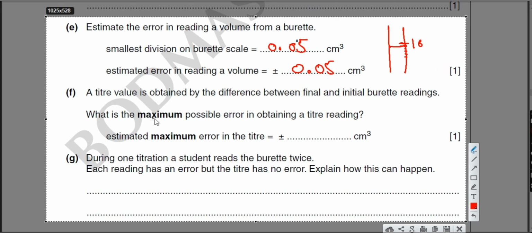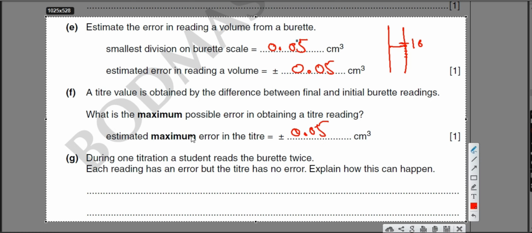Now he says, what is the maximum possible error in obtaining a titer reading? As I clearly mentioned, sometimes you ignore that tiny 0.05 value and go to the next value, or sometimes you go down. So the minimum reading is actually the error. So this is 0.05. Understood?